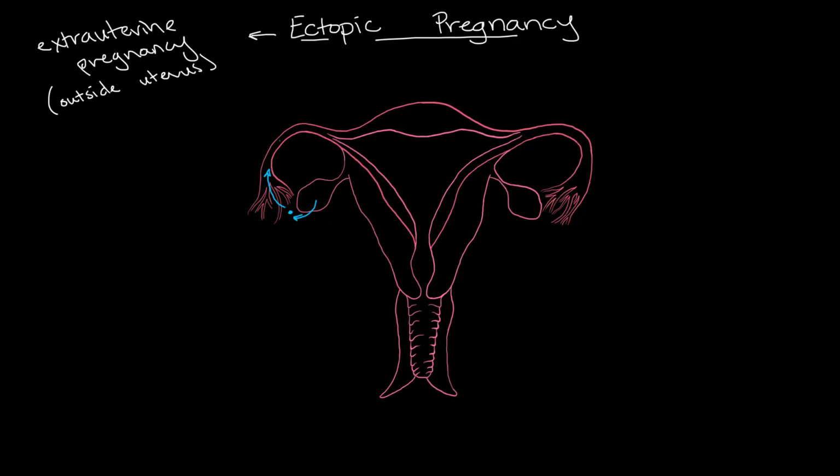But in ectopic pregnancy, usually the egg gets stuck fertilized inside of the fallopian tube. And then it will implant and start growing inside of the tube. So usually an ectopic pregnancy is what's known as a tubal pregnancy, where the baby develops inside of the fallopian tube.